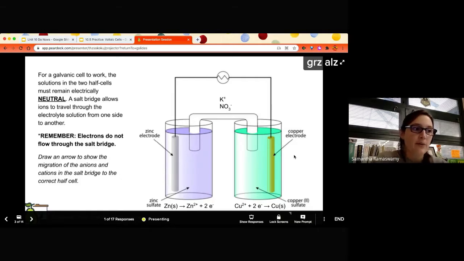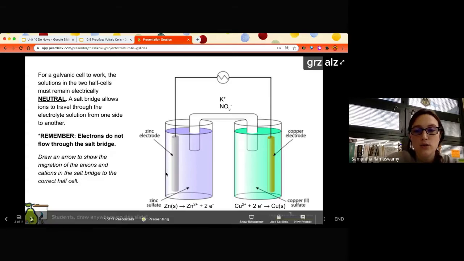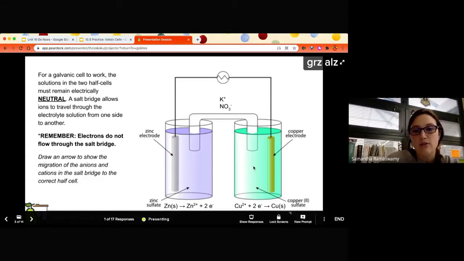Now I want you to draw an arrow to show the migration of the anions and cations in the salt bridge. Remember, for a galvanic or voltaic cell to work, these two solutions need to remain neutral. If they're not neutral, the circuit won't run.